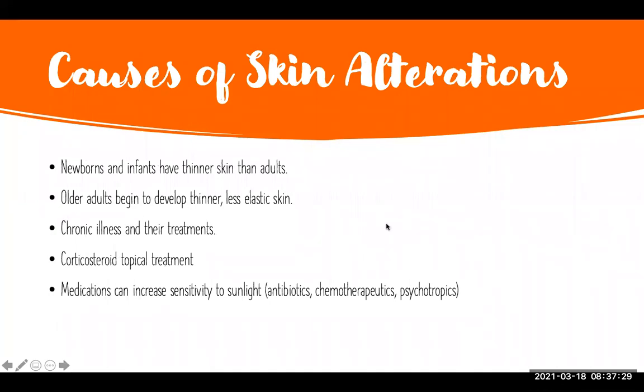Medications is the other thing that can affect our skin. That has to do with chronic conditions, like steroids, corticosteroids damage the skin. Antibiotics, chemotherapeutics can make you more prone or sensitive to sunlight, and other environmental things can affect the skin easier.